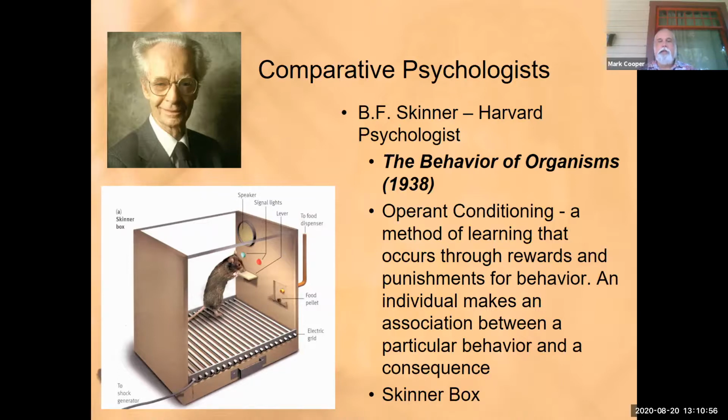So the idea behind operant conditioning is it's kind of this reward conditioning. And so here we have what's called a Skinner box, where the animal will learn that, for instance, a certain light goes on, they get rewarded, and you're rewarding a behavior.